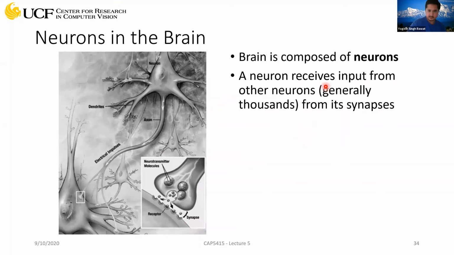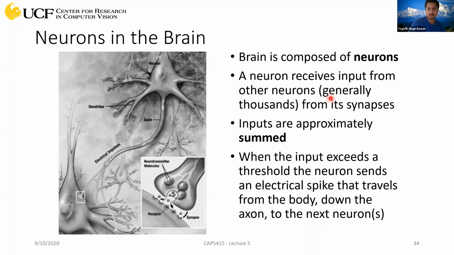Now there are lots of neurons in our brain. They receive input from other neurons through their synapses, and the operation in the cell body is approximately a summation of all those inputs. And when the resultant output exceeds some kind of threshold, then that signal is passed through the axon to other neurons.